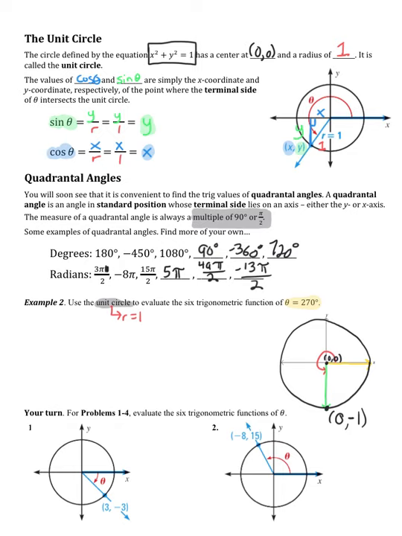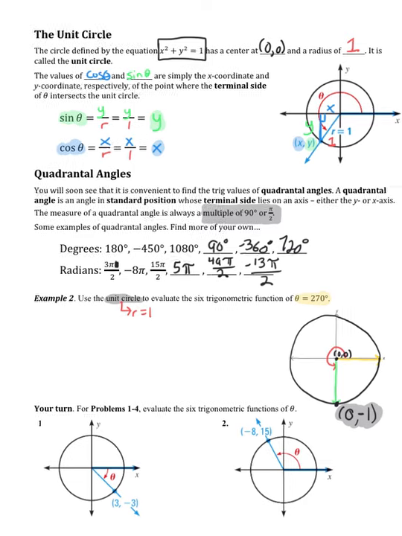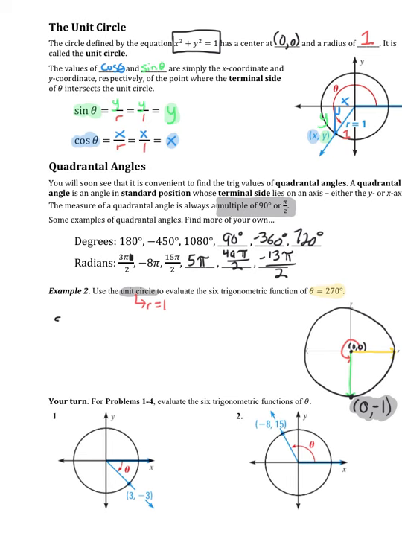So unfortunately what happens here is I cannot draw a triangle here just because I'm on a quadrantal angle. And that's why I want to use the unit circle instead, because what the unit circle allows me to do without drawing a triangle, I'm able to come up with an ordered pair of X and Y values and say, I want to use that 0 and that negative 1 when I'm evaluating the 6 trigonometric functions.